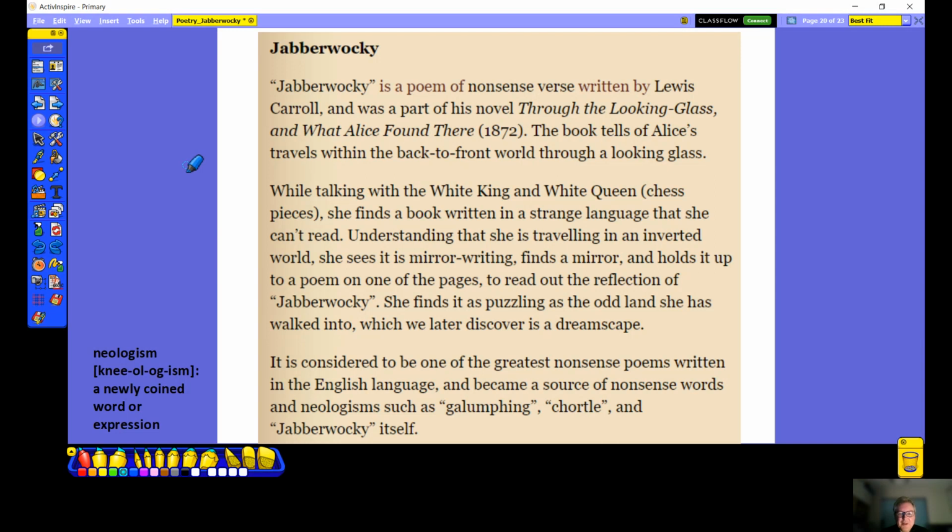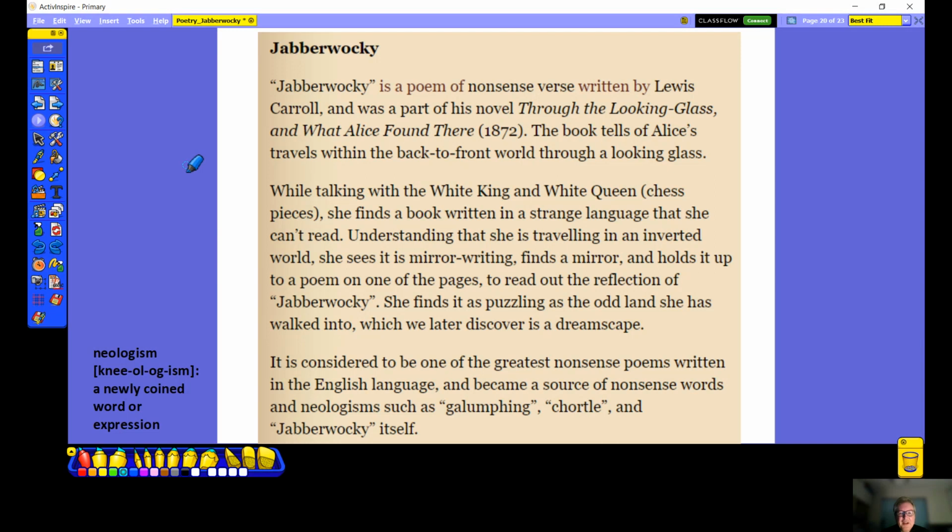language, and that's why words like galumphing and chortle, and beamish was another example. That's why you find those. Where do words originally come from? So you could say, well, chortle, was it a nonsense word at that time?